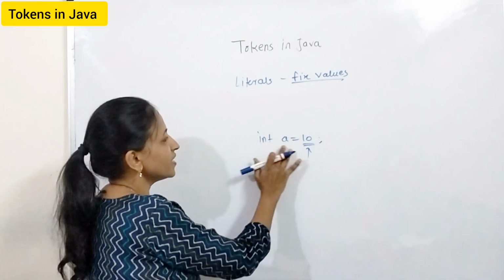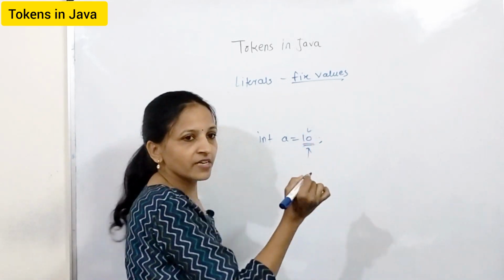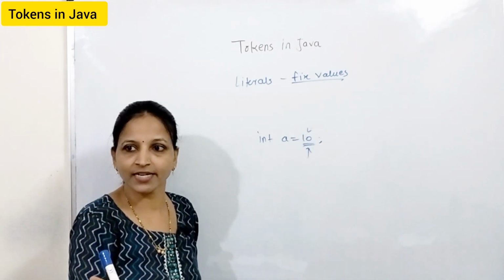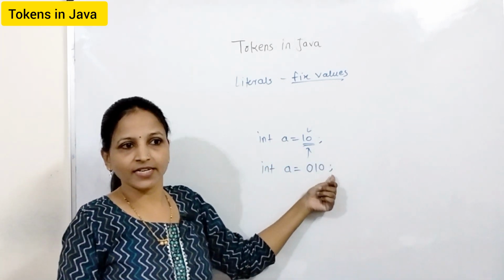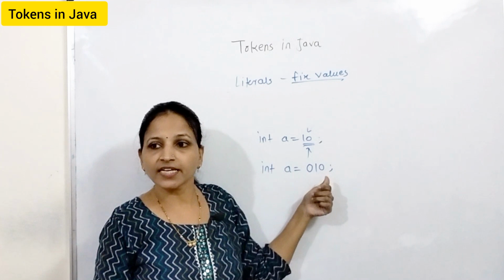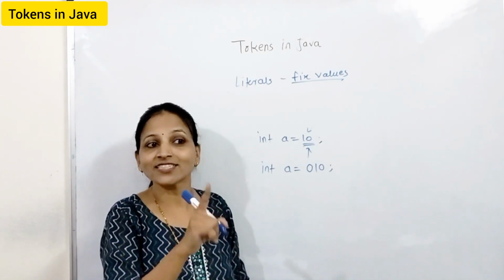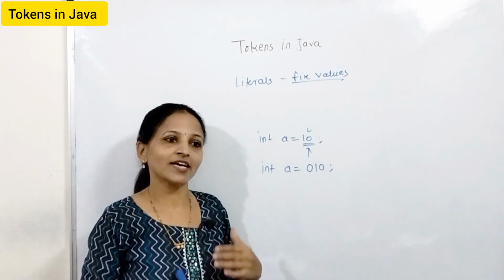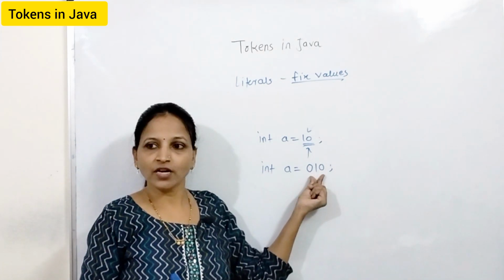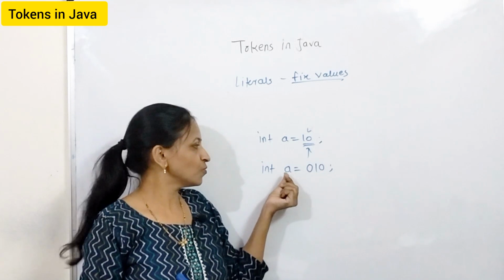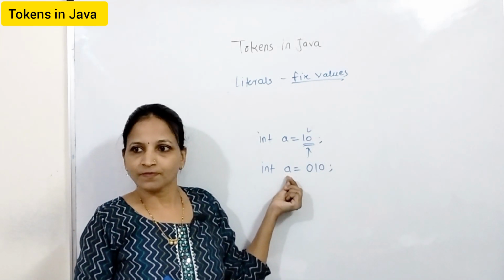Here I have specified the value 10. This will be considered as a decimal 10. If you write integer a equals 010, then this 10 will not be considered as a decimal 10. This will be considered as an octal 10. This is an octal value and you can give an octal value to an integer.